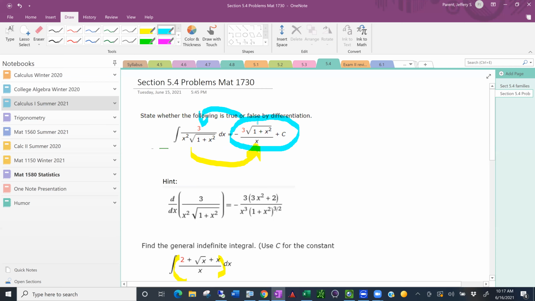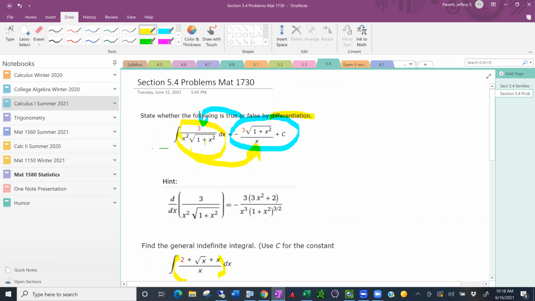Is it? How could I check that what I have circled in blue is the antiderivative of what I have circled in yellow? How could I check it? By differentiation. What would I differentiate and what would I have to get?